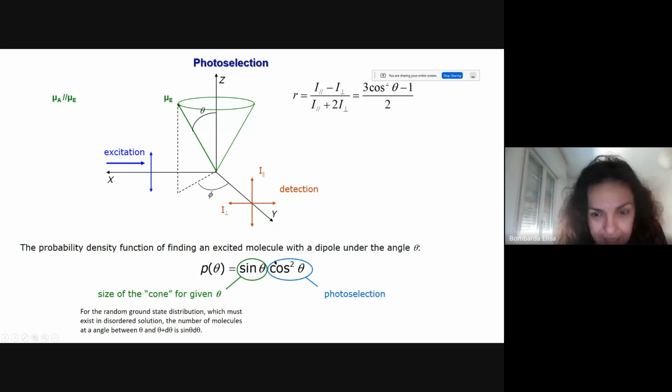That is the photoselection that we have already seen in the beginning, this cosine squared, and that is just the size of the cone. Because they have all the same probability, the molecules are all oriented with an angle theta with respect to the polarization of the excitation. Okay.